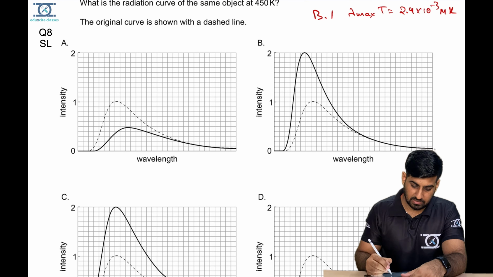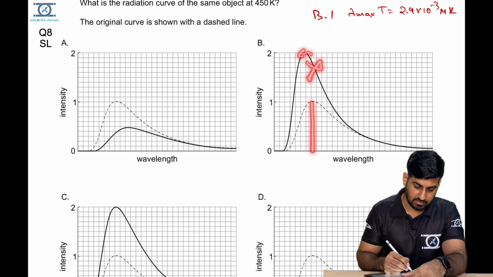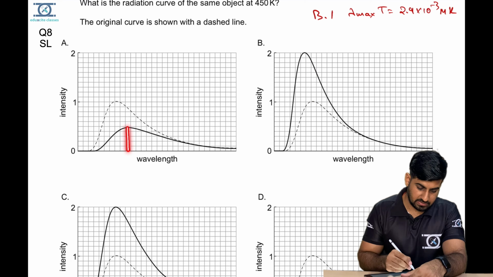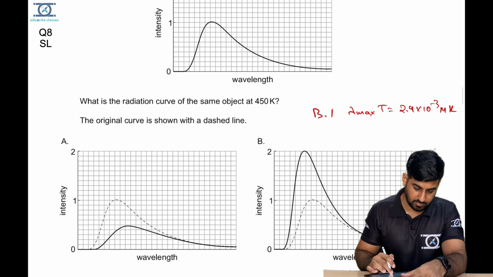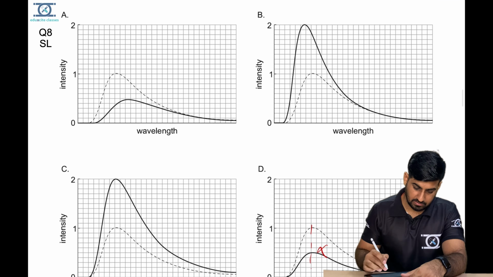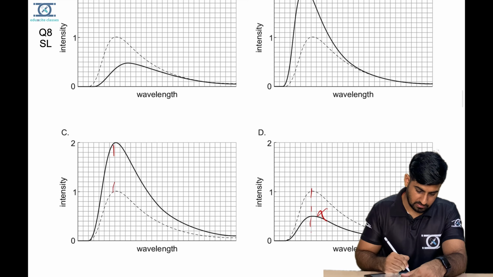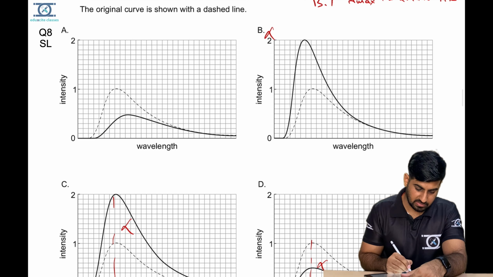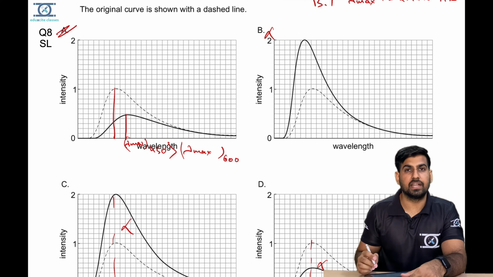So this one is incorrect, this is also incorrect, this is also incorrect. You can see it has shifted in this one. So the lambda maximum at 450 is greater than the lambda maximum at 600. So option A is the right answer.